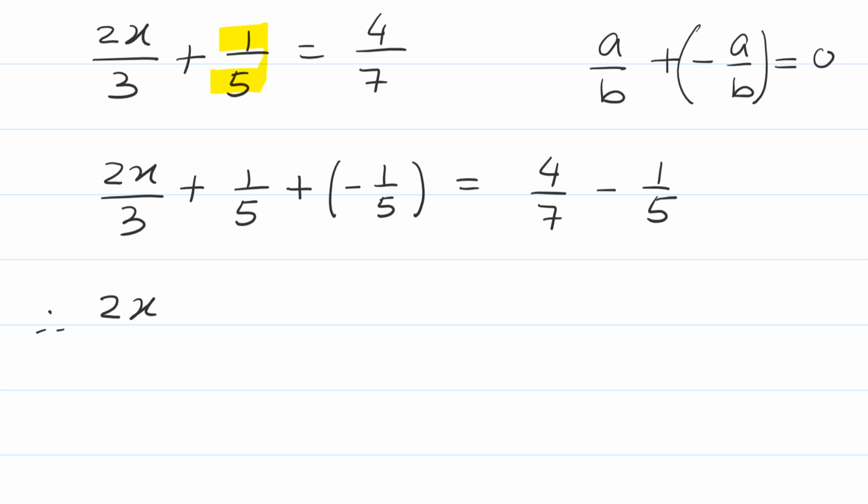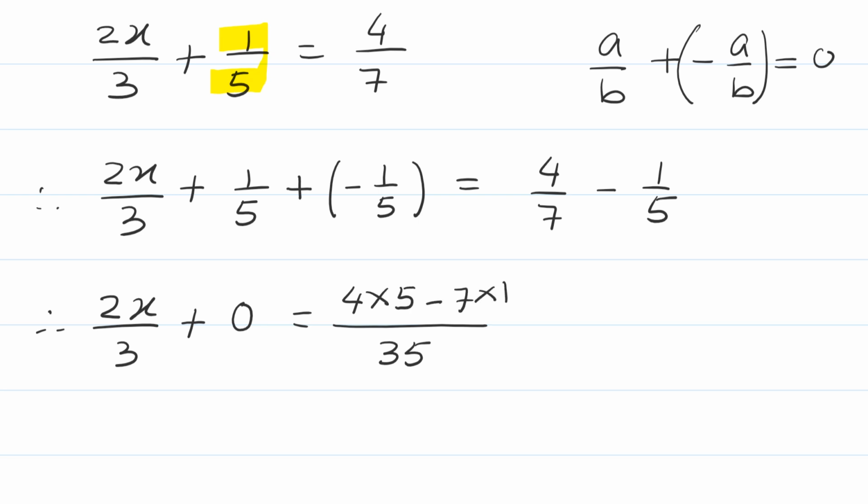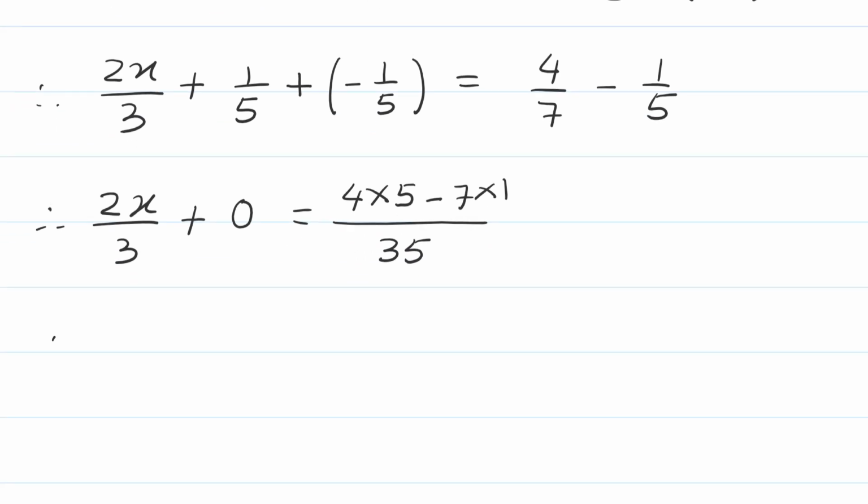Therefore 2x upon 3 plus 1 by 5 minus 1 by 5 is 0, by the additive inverse property. On the right hand side the LCM is 35, numerator 4 into 5 minus 7 into 1. Now we will use additive identity.